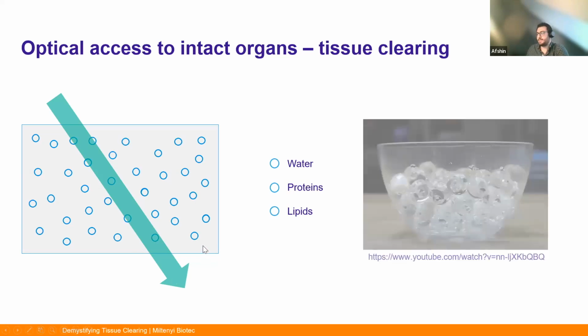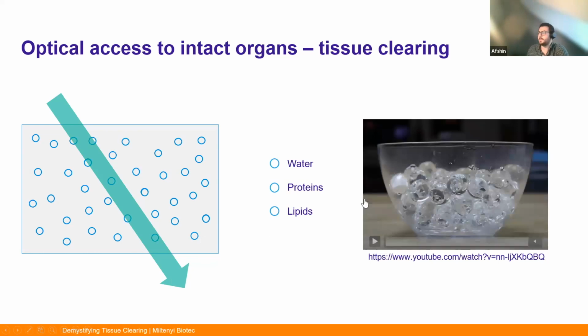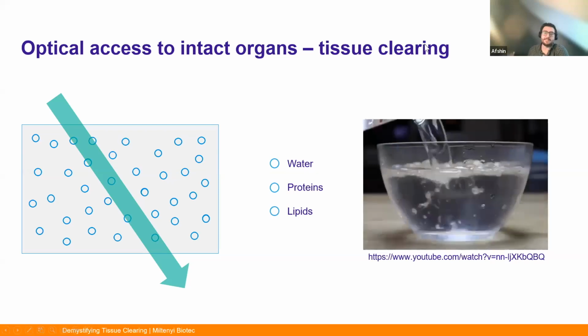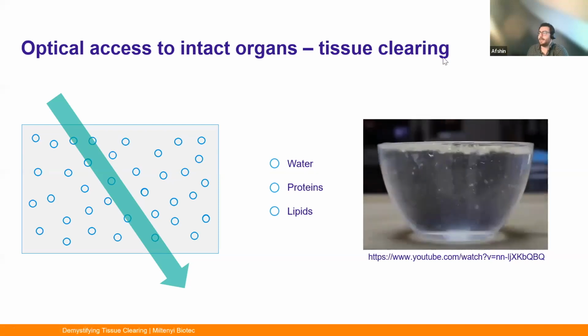So there is a very simple kitchen experiment. This is actually a glass bowl filled with these beads, and there's air in the middle, so the light is being refracted, so we can actually see them. Now the experimenter comes and pours water inside. What happens is that the refractive index is now very similar everywhere, and then the glass beads appear to be, how can I say that, like they are gone.